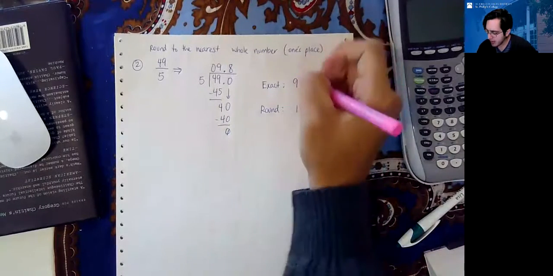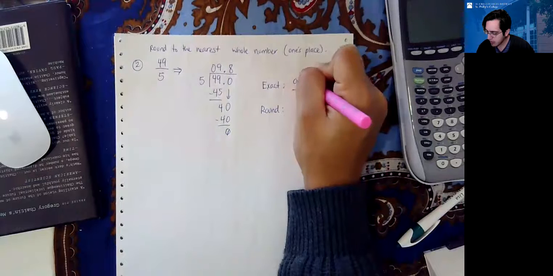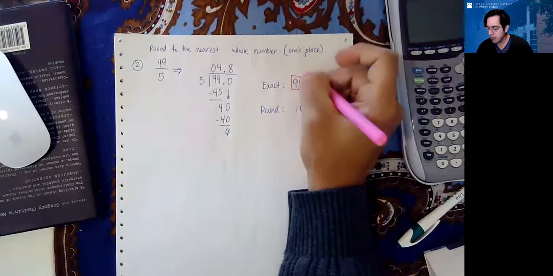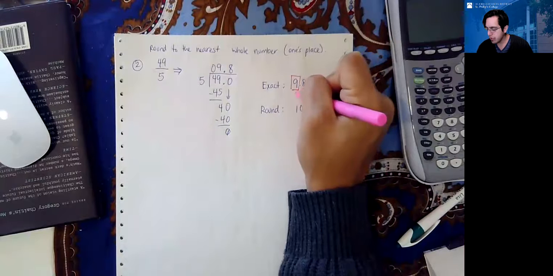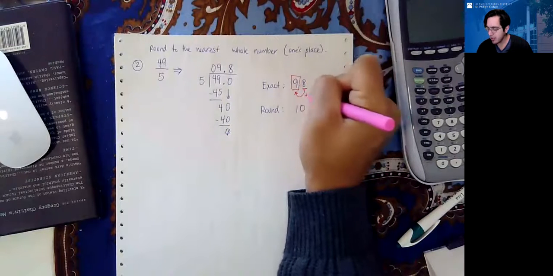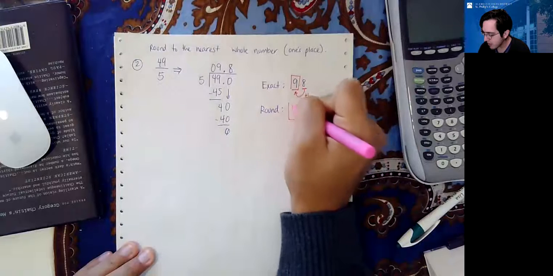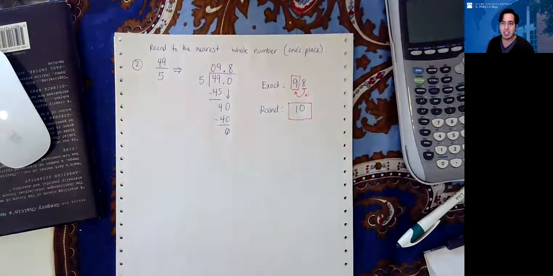Because our place value of interest is the ones place, and we look at the neighbor. If that is 5 or more, we can add 1 to our place value. In other words, we'd say 9.8 is closer to 10 than it is to 9. Okay. So this rounded answer, based on the instructions given to us, will be our final answer.